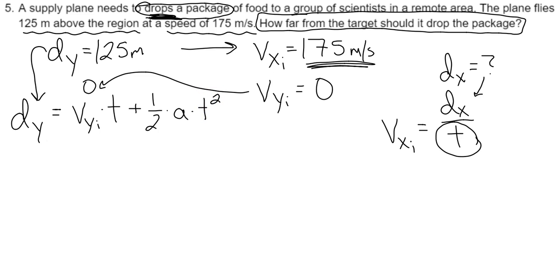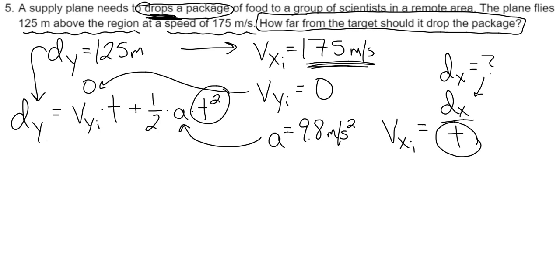Our acceleration due to gravity is always 9.8 meters per second squared, so that gets plugged in there. Plug in everything you know. You will eventually get t squared by itself. Take the square root of both sides. That will give you your time.